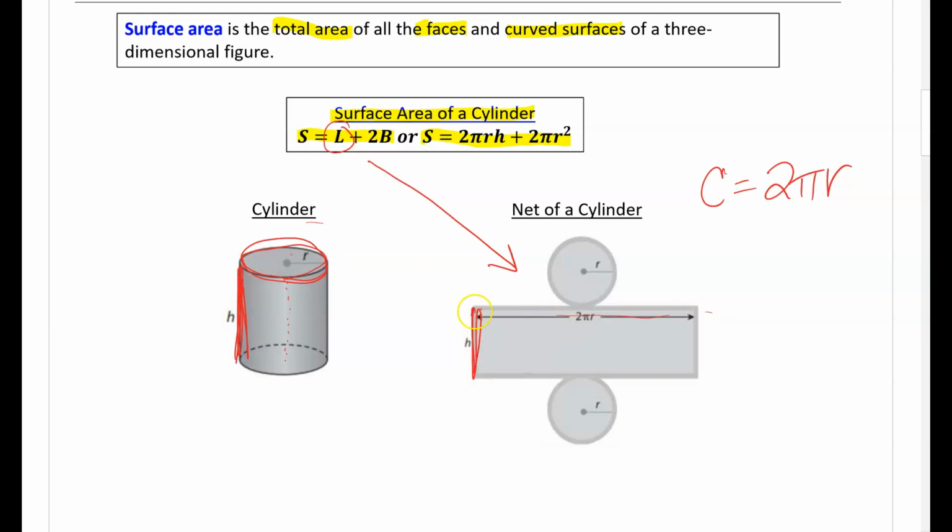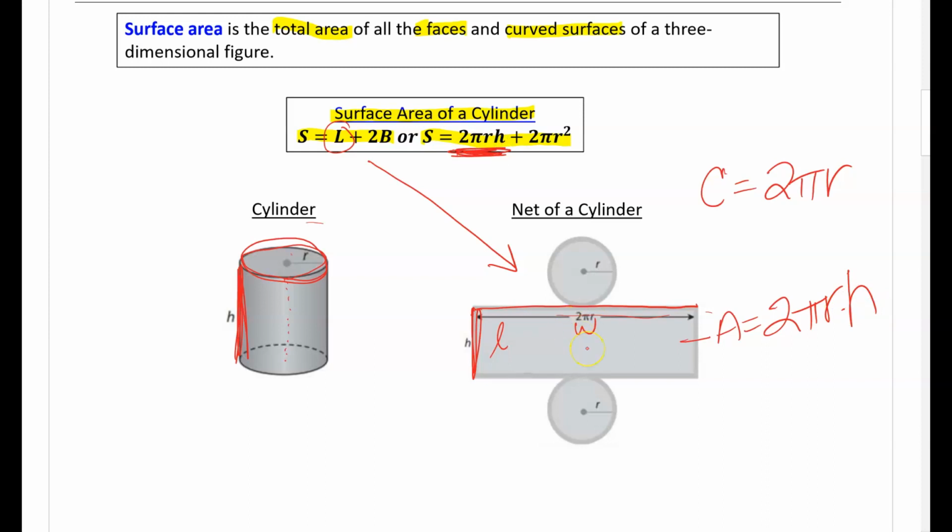This ends up being the height, and then I get 2 pi r on this side. So if I think about the rectangle, the area of a rectangle is like your length times width or base times height. So to find the area of the rectangle, I would do 2 pi r, because that would be the width times the length, which is h, which gives me this formula here. 2 pi r h.